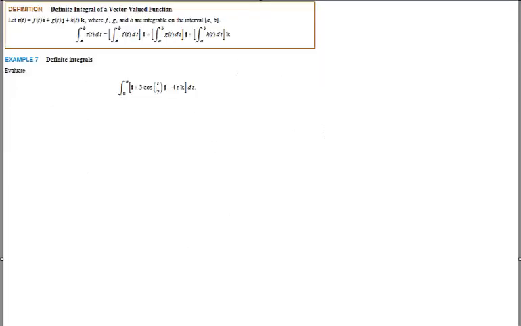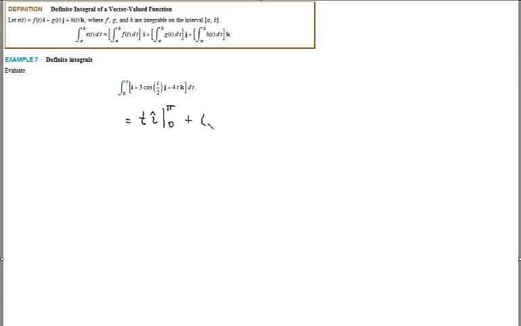For this one, I'm going to take the integral of each component and evaluate from 0 to pi. So I'll have t in the i direction evaluated from 0 to pi. That one's going to end up being, I'm going to need that 1/2, so that's going to be plus a 6.